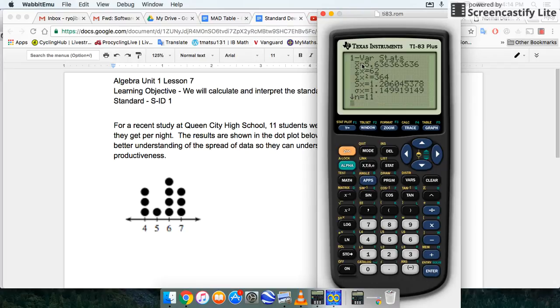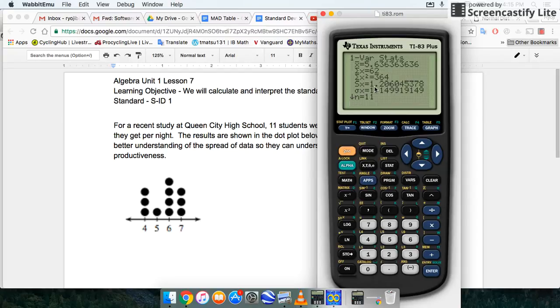So the mean for this is 5.636363, and the standard deviation is capital SX, which is 1.20. So this means that in our bell curve, we're going to have the center of 5.63, and then going in the positive direction, we're going to add 1.20 to that.